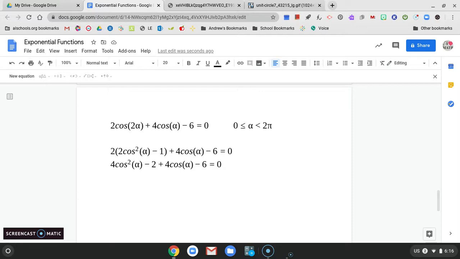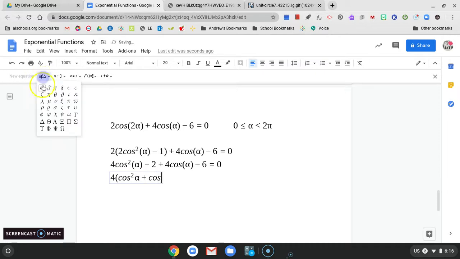That'd be minus 8. And then I'm going to factor out a 4. I'll let you follow that along on your own to see where you end up with it. So again, minus 2 minus 6 is minus 8. If I factor out a 4, and then 4 from the minus 8, I'm going to end up with this.